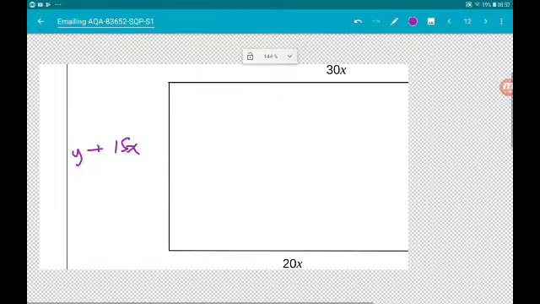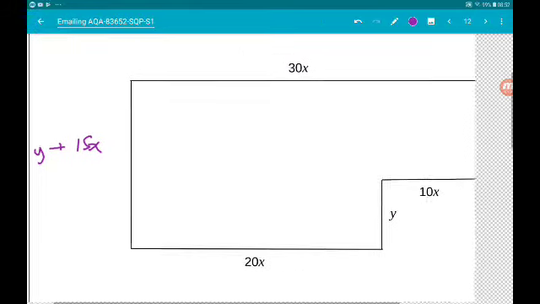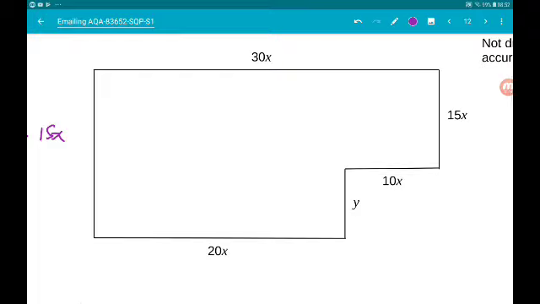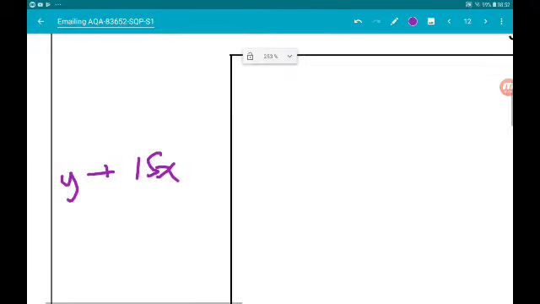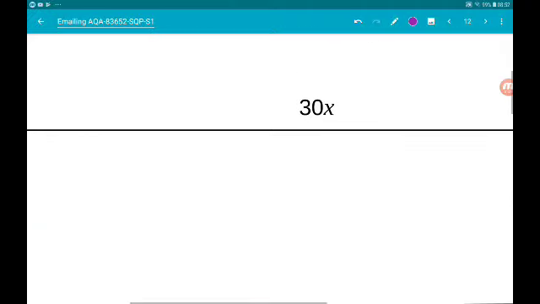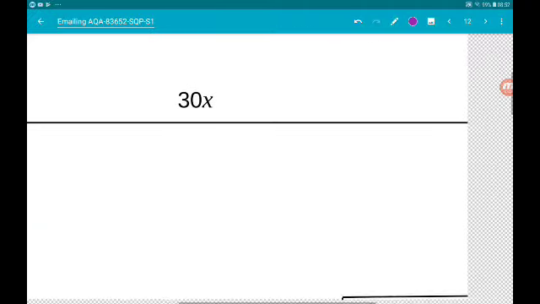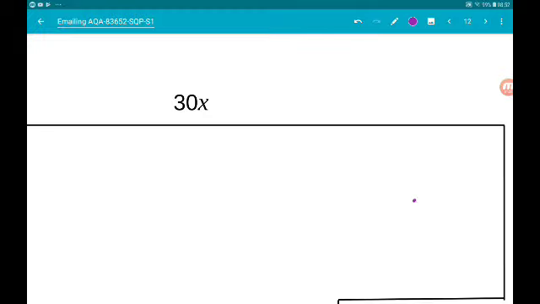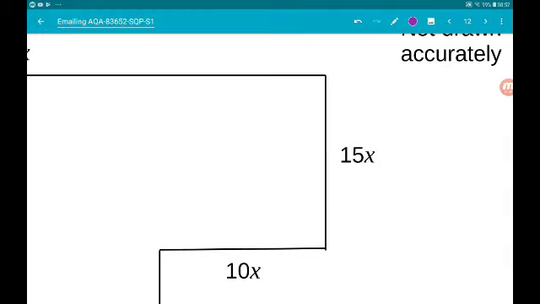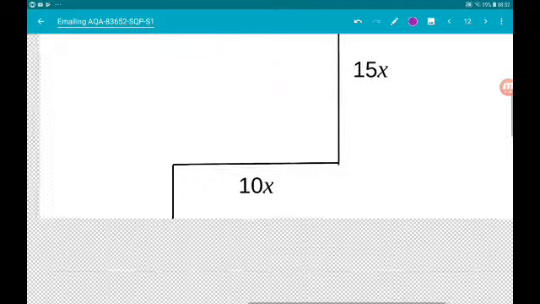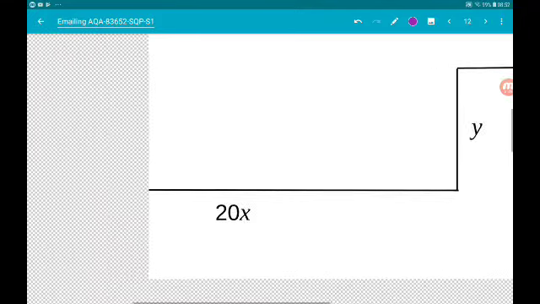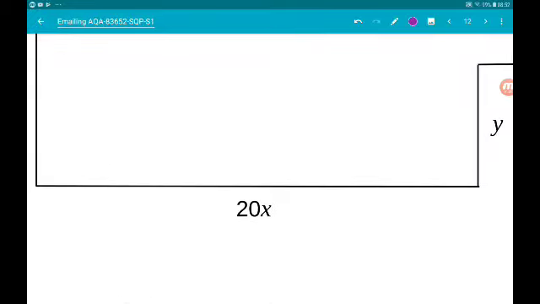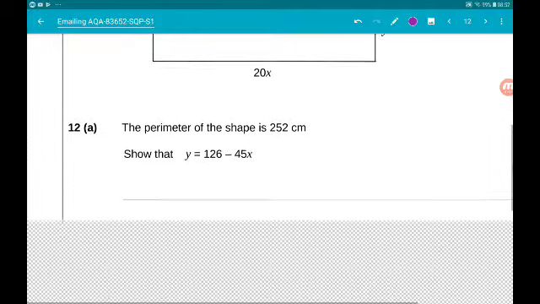15x. Okay, so let's go around and add all of the x's together. So we got 15x over here, we got 30x, so that's 45x, we got another 15, so that's 60. 10 makes it 70. And then we have another 20 on the bottom, that makes it 90x.